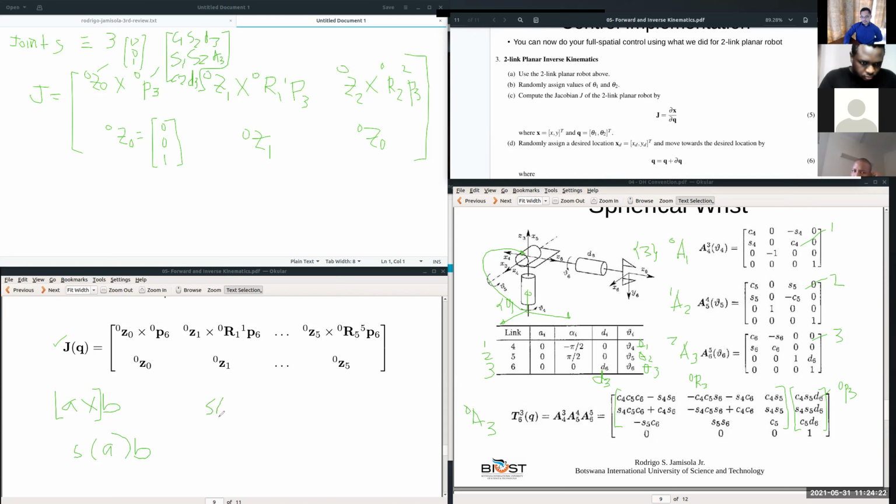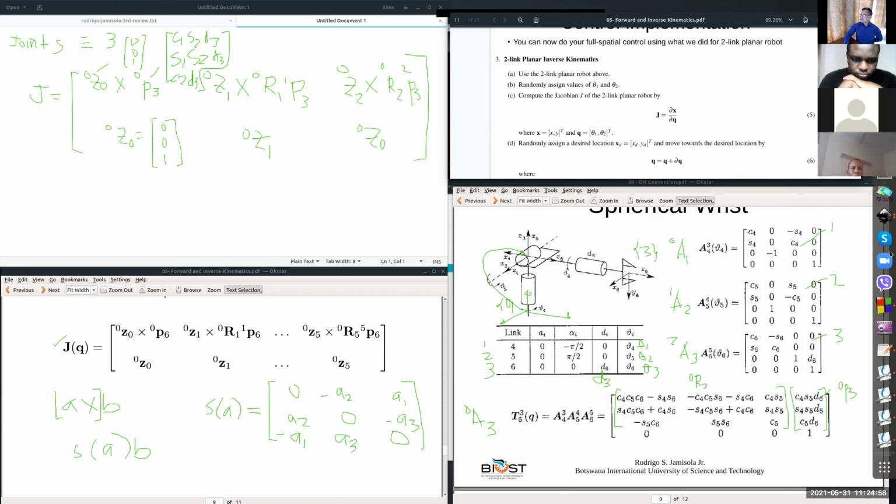S of A is a skew symmetric matrix that is equal to, let me check this. Okay, 0, 0, 0, and A2, A1, A3. I think this one is negative. A2, A1, negative A3. Let me check first for a skew symmetric matrix.